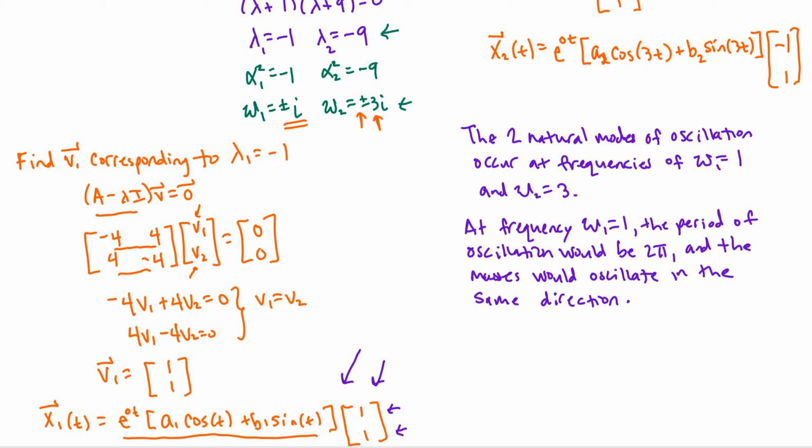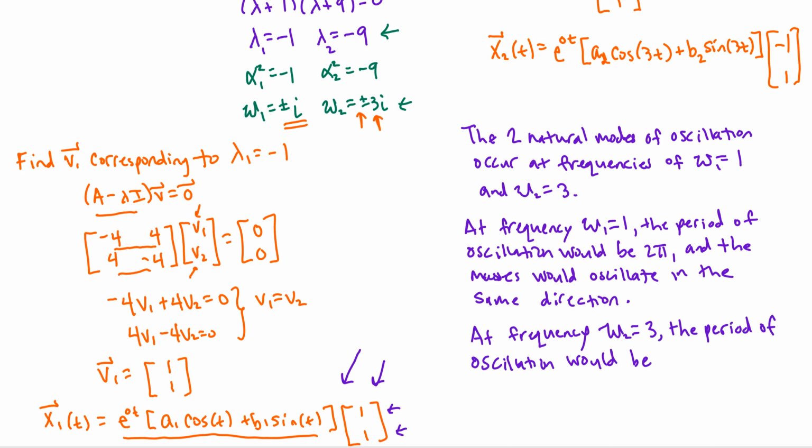Looking at our second frequency, at frequency omega sub 2 equal to 3, the period of oscillation would be 2 pi over 3.